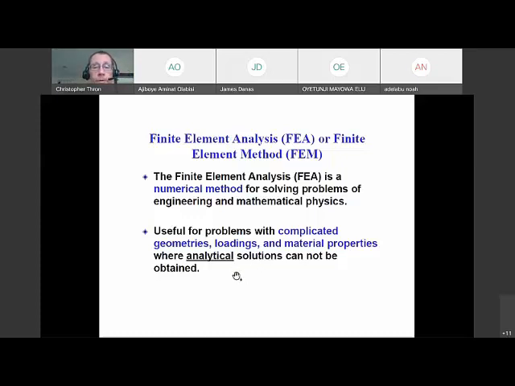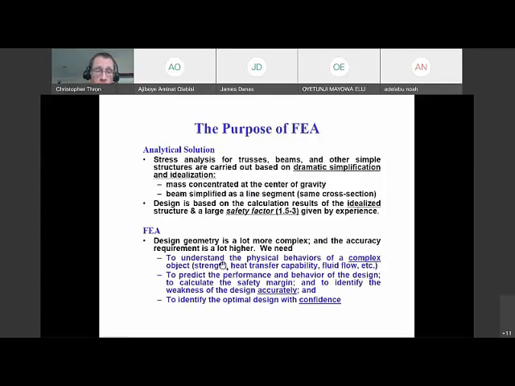Okay. It's a numerical method where you do not get an analytical or exact solution. It's also not a series expansion. It's a local method that finds solutions locally. Usually when you do an analytical solution, you need to make many, many simplifications.